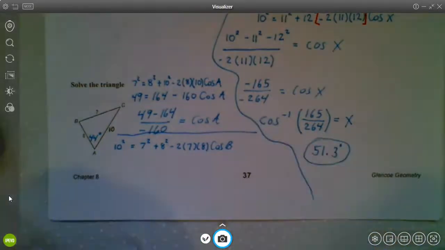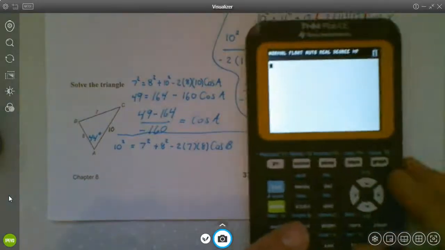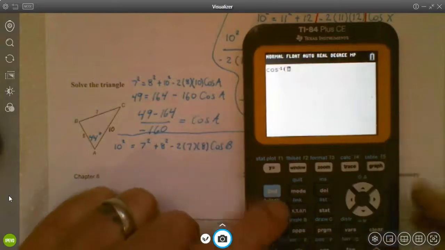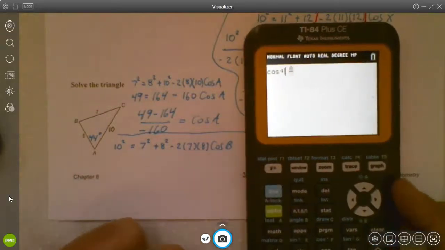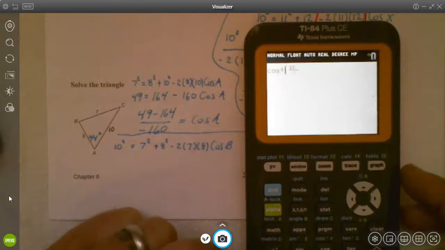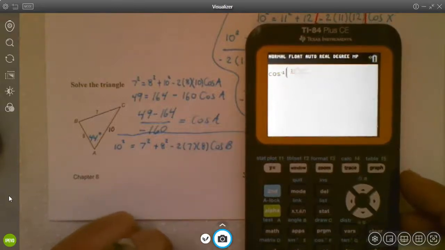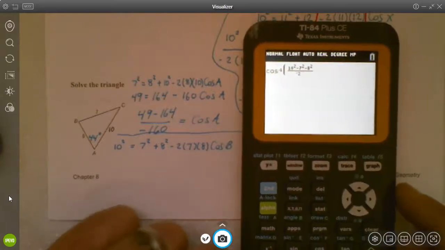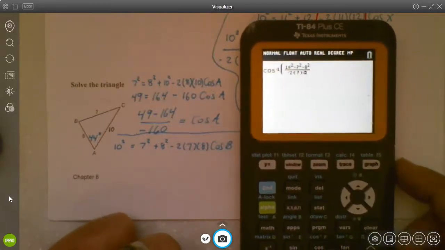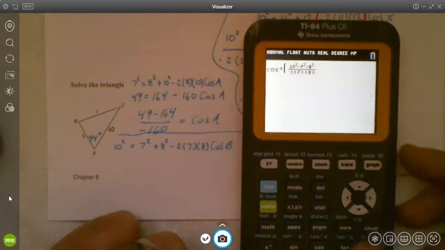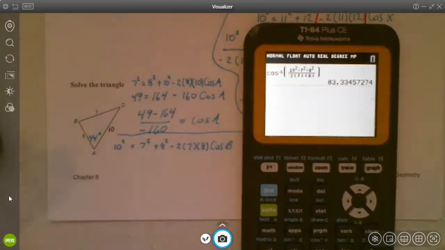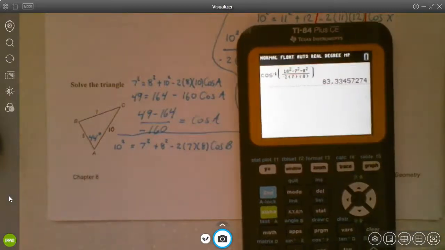Let me set it up and solve it so you can check your answer. So we should get about 83.3 degrees if you do that correctly.